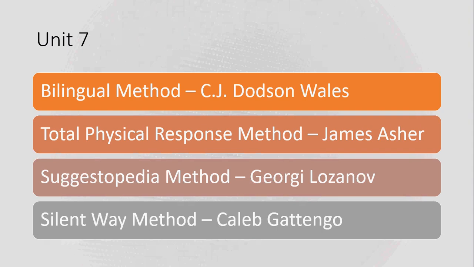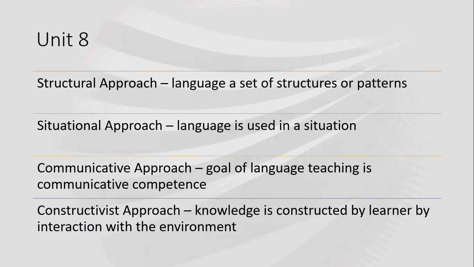In Unit 7 also, when we were talking about all these, you can first talk about what this method is, what are its principles, what are its characteristics, what are its merits, what are its demerits. Similarly, for each one of the approaches, we can also say what it is, define it, explain it, talk about the merits, talk about the demerits.